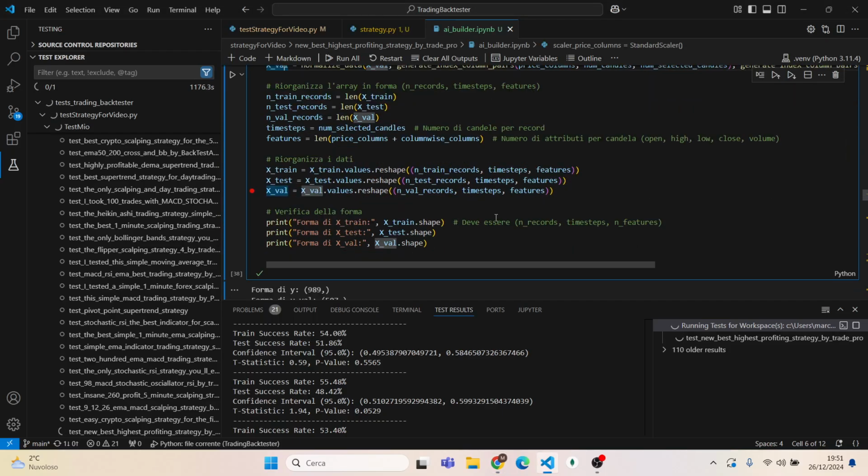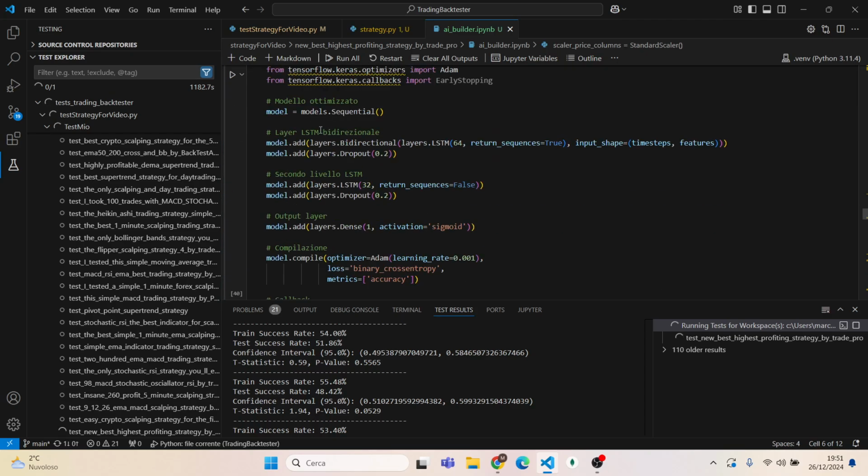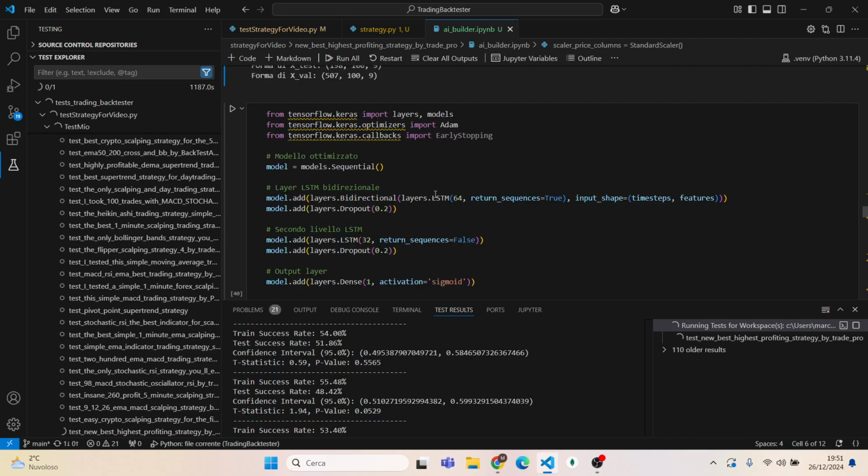Here I'm reshaping the data because for today's video I will use an LSTM model. If you don't know what LSTM is, it's long short-term memory. It's a type of artificial intelligence, and it is a model that performs well with historical data.